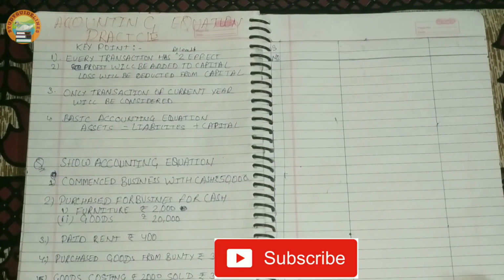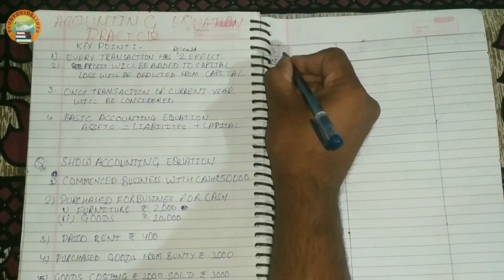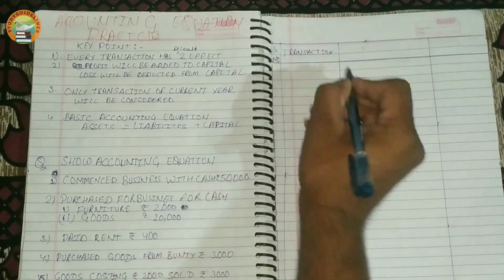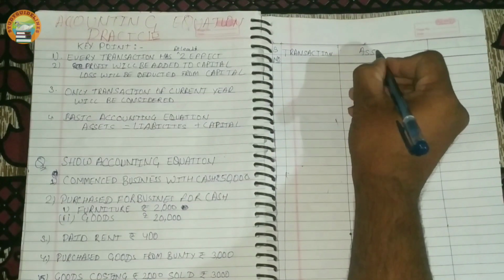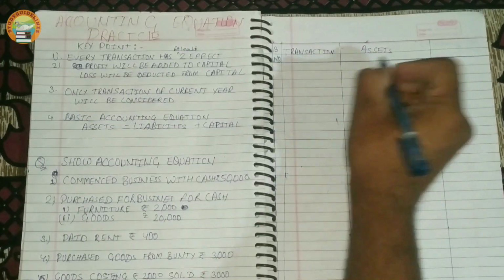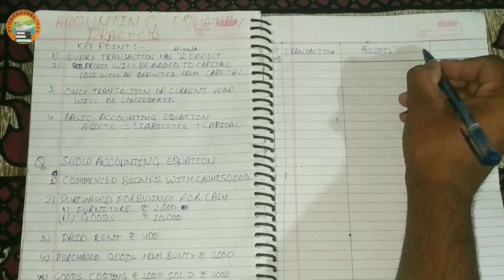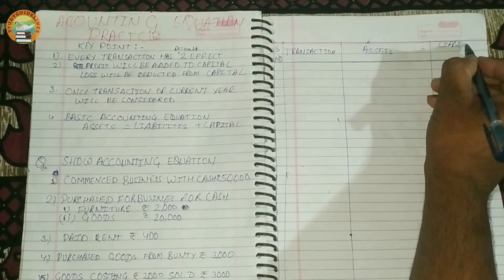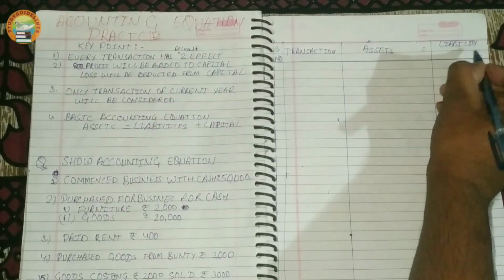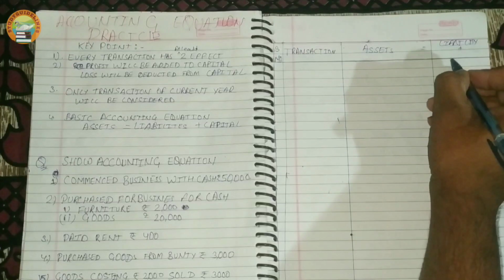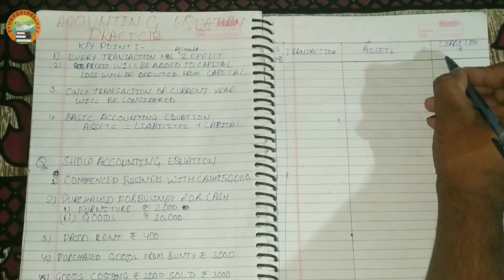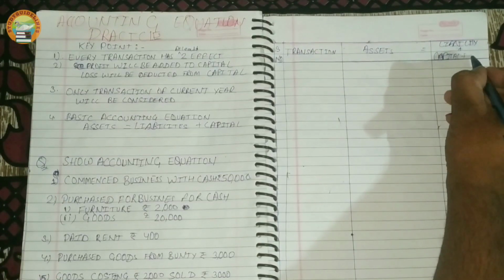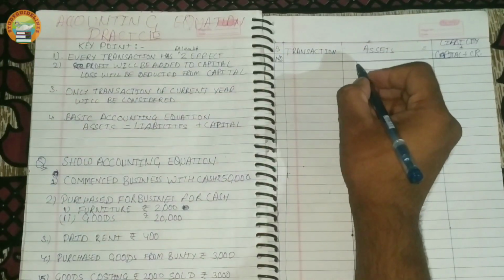The columns are transaction, assets equal to liability plus capital, plus creditor.